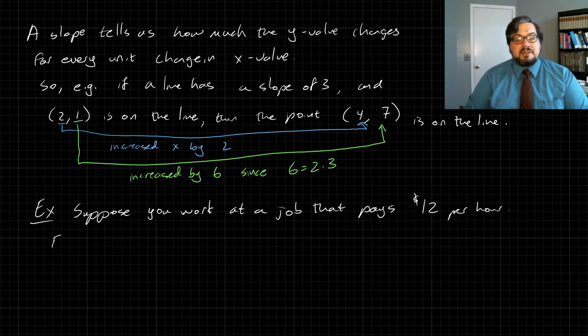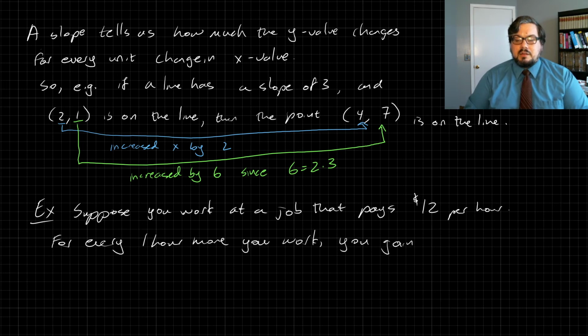That means that for every 1 hour more you work, you gain $12 more on your paycheck.